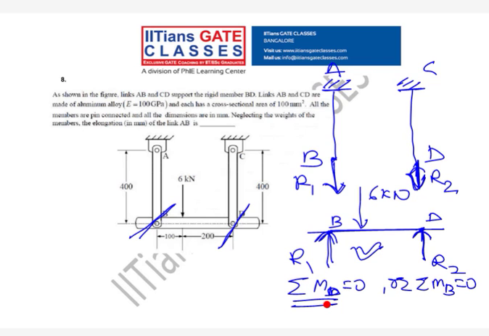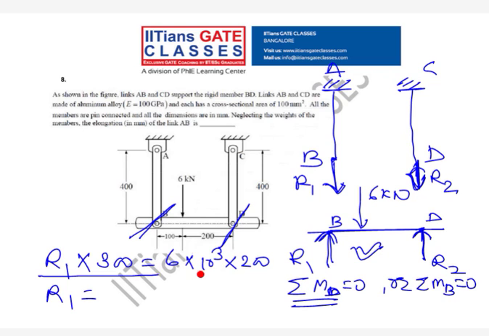So what will it be? R1 into 300 will be equal to 6 into 10 to the power 3 into 200. Now tell me, guys, what will be your R1? Is it clear how I took this?